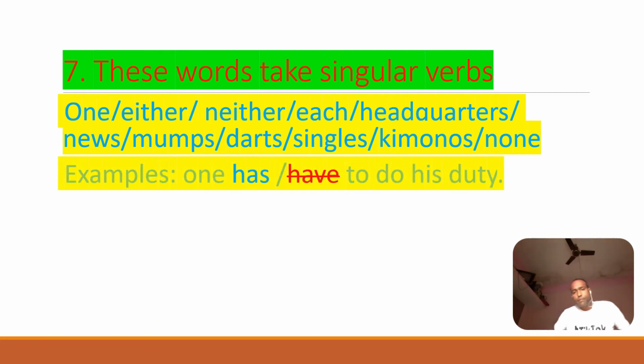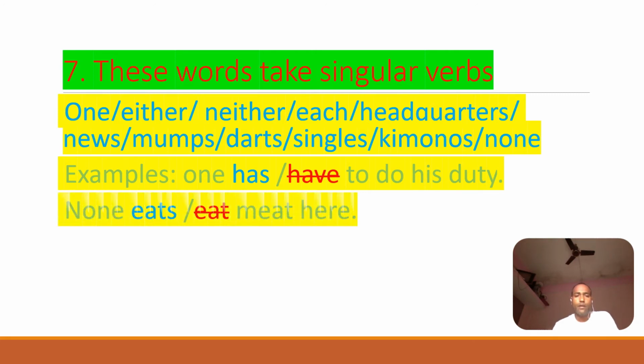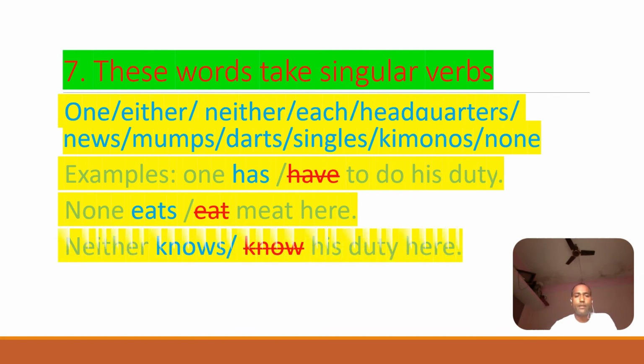See some examples here. "Someone has" or "have to do his duty"? It means one has to do his duty. Similarly, "none eats", not "eat", because it takes a singular verb. It's singular. In the same case, "neither knows his duty."